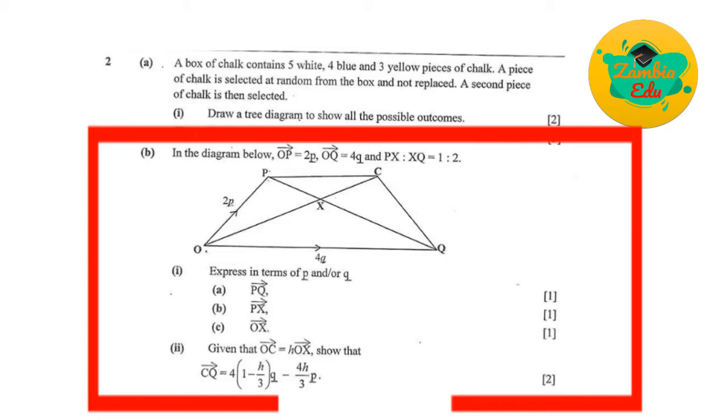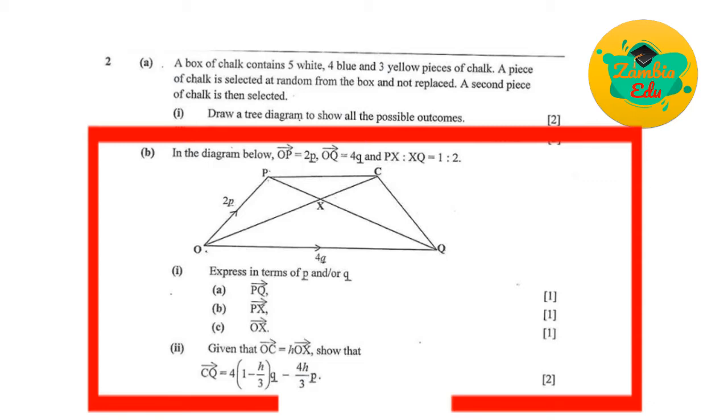Question 1, express in terms of P and Q: A, vector PQ, B, vector PX, C, vector OX. And the second part of the question says, given that vector OC is equal to H, vector OX, show that vector CQ is equal to 4, open bracket, 1 minus H over 3, close brackets, Q minus 4H over 3P. Let's quickly begin to solve that.